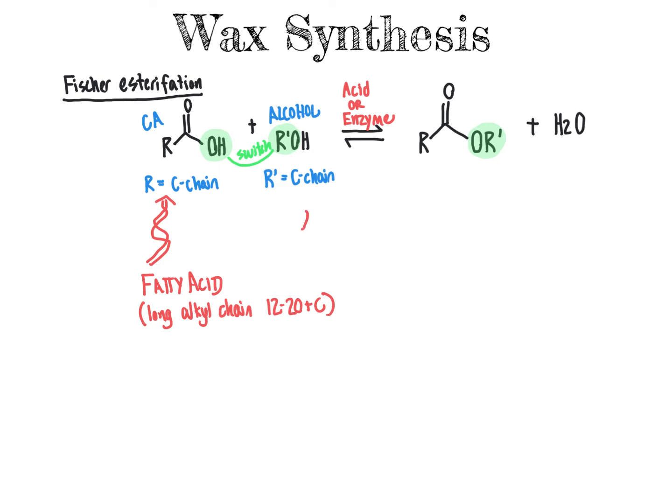And the alcohol reactant R group as well features a long alkyl chain. What results is a pretty large product where this R group here, provided by the fatty acid, and the R prime group provided by the alcohol are both very, very long carbon chains. So we have a long carbon chain extending out this way and a long carbon chain extending out that way.